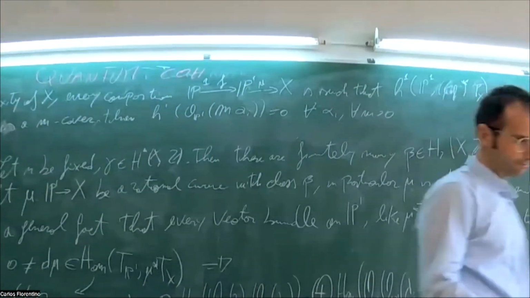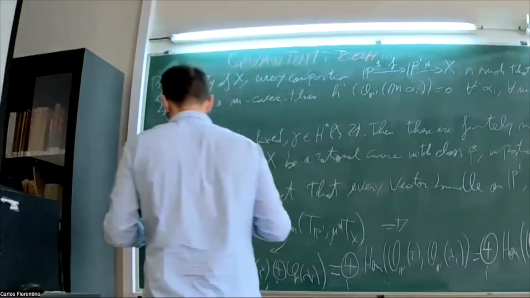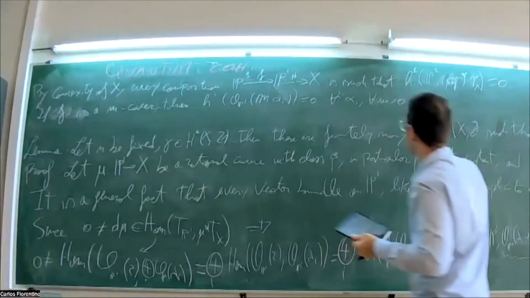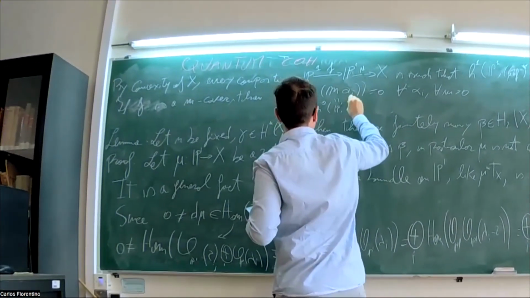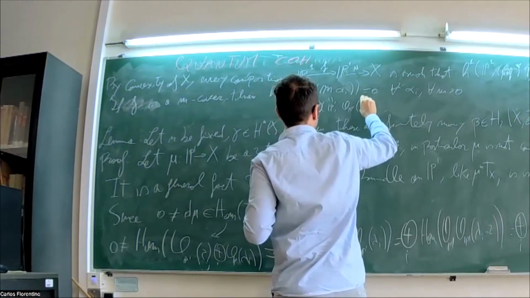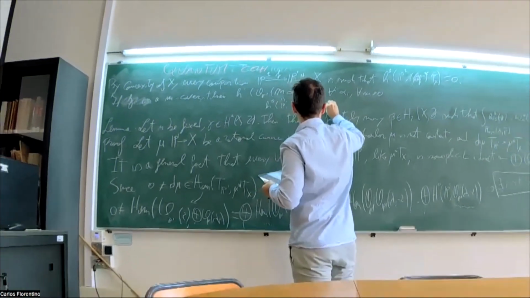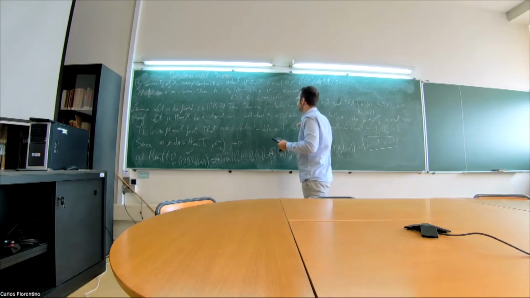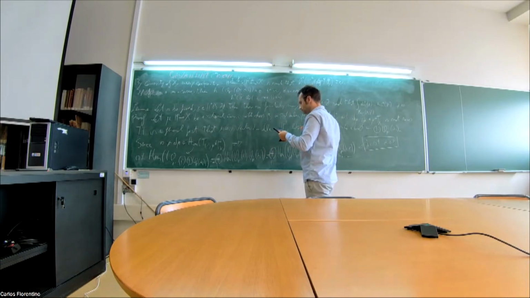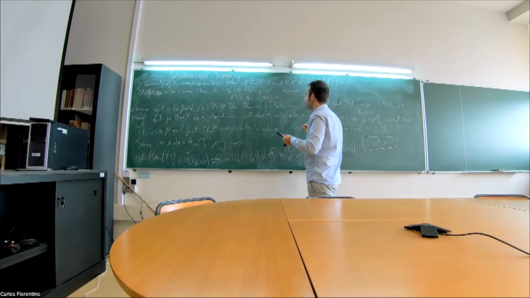So this is H1 of P1 with O(minus 2 minus m alpha), and this must be 0. Okay.